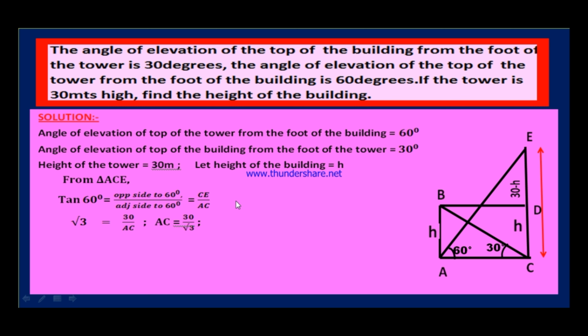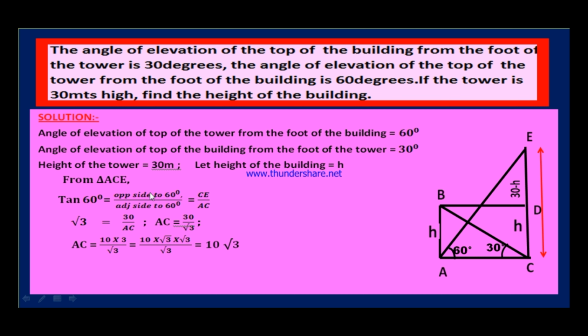Then from triangle ACE, we know that CE is equal to 30 and angle A is equal to 60 degrees. Let us find AC first. Consider tan 60.